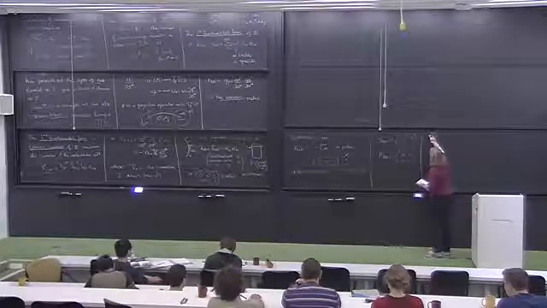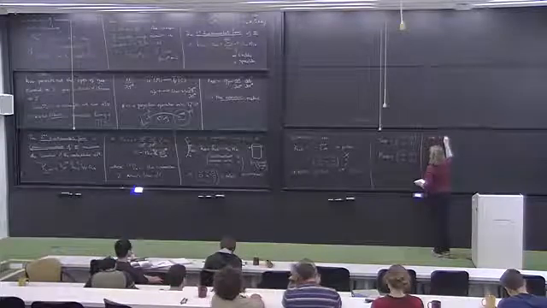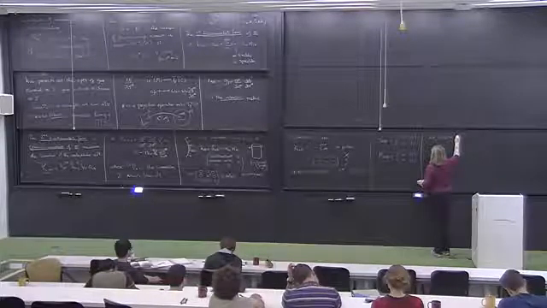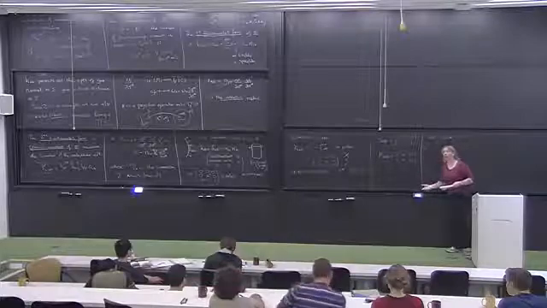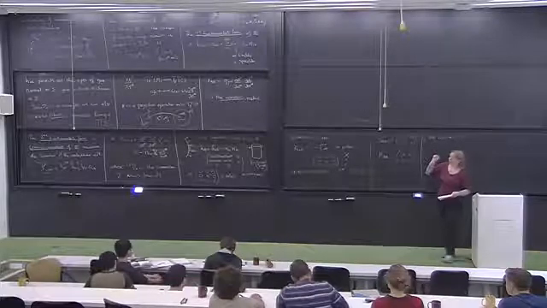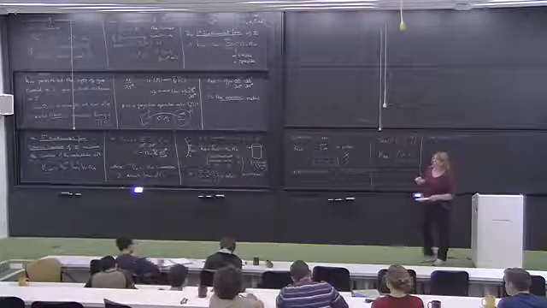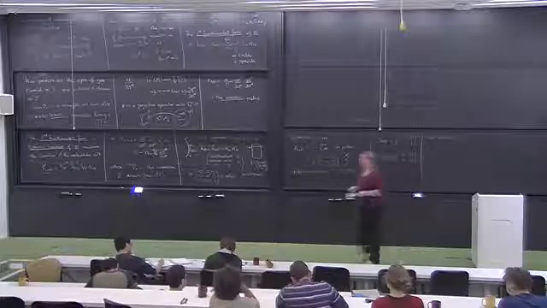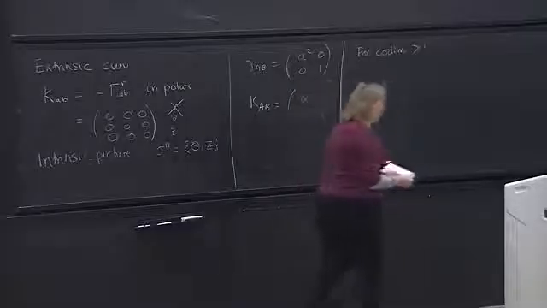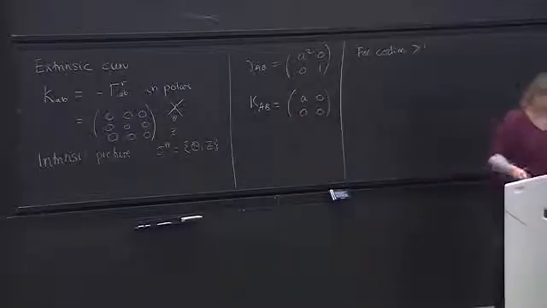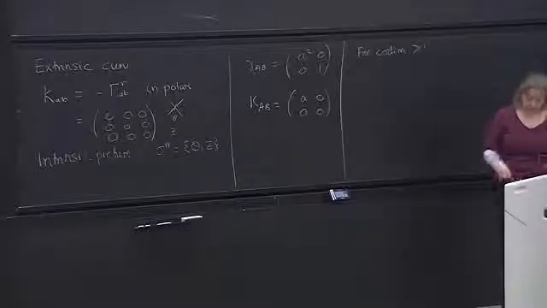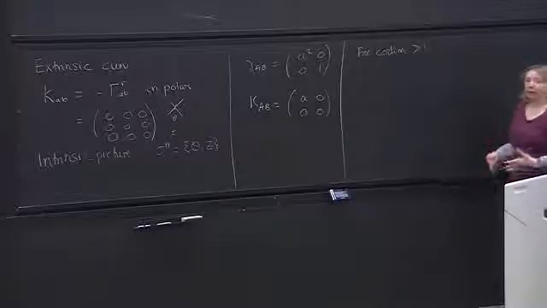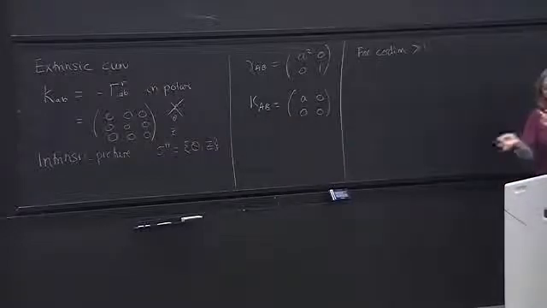So if codimension is bigger than 1, most of the time I'm going to actually talk about codimension 1 because we're interested in boundary terms for our gravitational action. We're interested often in domain walls. But just in the interest of being general, if codimension is bigger than 1, the normals can also vary.